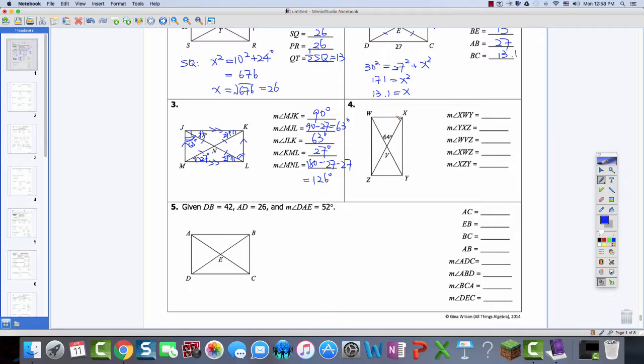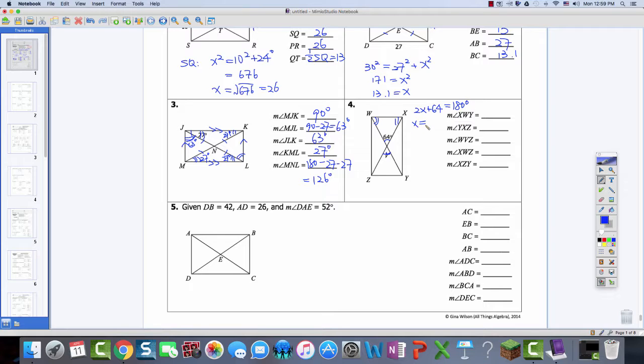Number 4, here we have this angle here is 64, so we know ZVY has to be 64. Let's find XWY. XWY is here. So again, look at this triangle WVX. If these two are the same, then 2x plus 64 should equal 180 degrees.